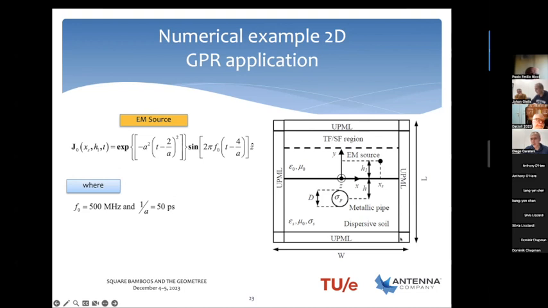The visual on the right shows the geometrical configuration of the problem that once again sees a metal pipe buried into a soil made out of dispersive material. The electromagnetic source that illuminates the soil with buried objects is in the air region on the top.